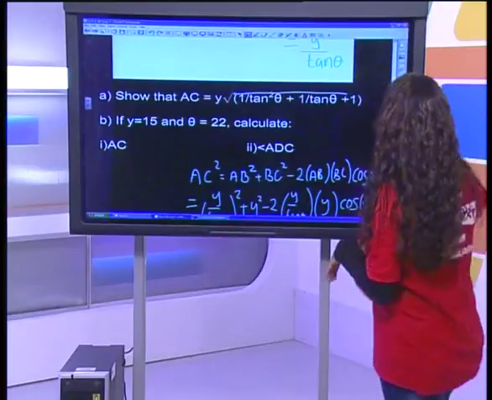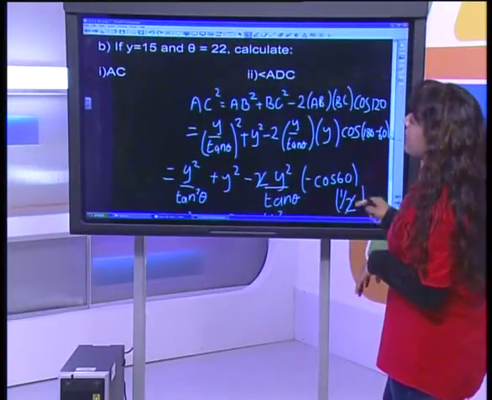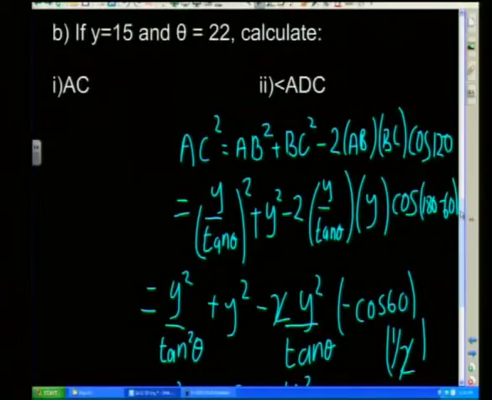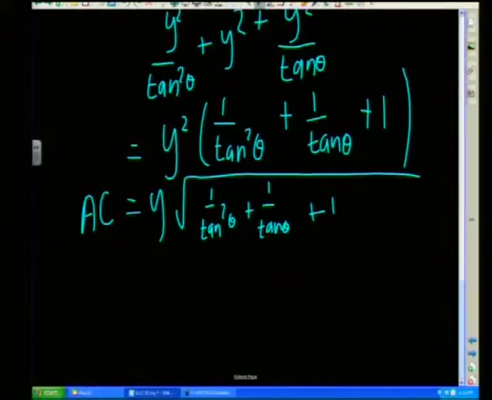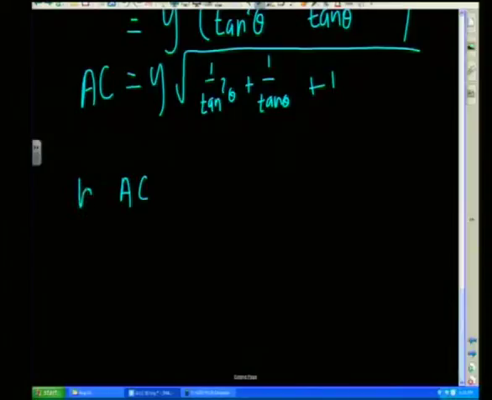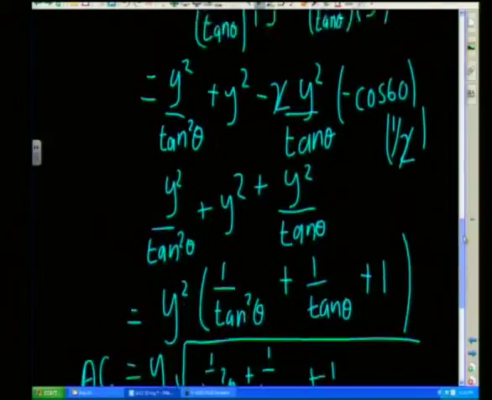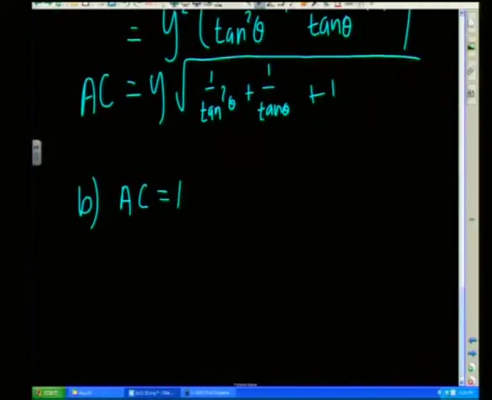Okay, let's move on. We are given that y is equal to 15 and theta is 22, and they ask us to find AC. That's simply a matter of substitution. So this is part B. We know y is 15, so we put that in, and theta is 22.